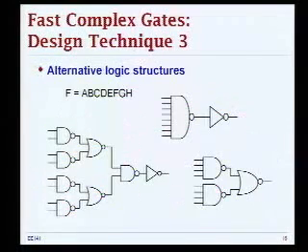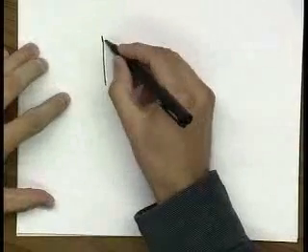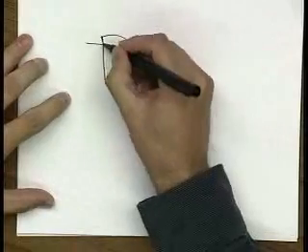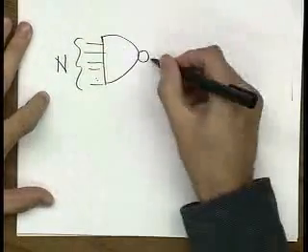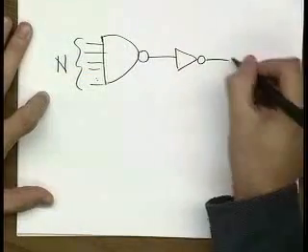Option number 3 is, as we saw, fan-in is really bad. When you have a large fan-in, a good idea is to distribute it and break it up into gates with fewer inputs. Let's assume we have a really wide NAND gate with n inputs, followed by an inverter.